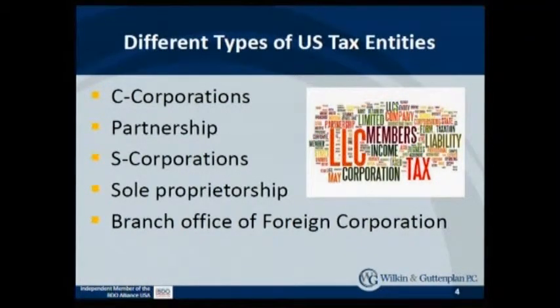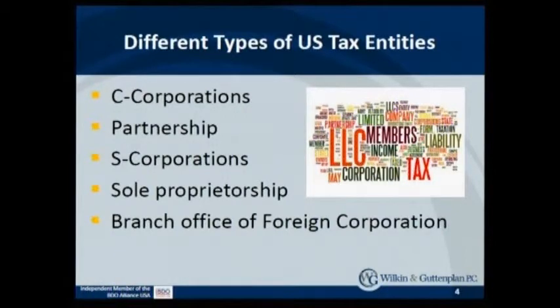But under the tax code, the Internal Revenue Code, there's basically 2 types of corporations. One is what we call a C corporation, and one is what we call an S corporation. Both are the same corporation as far as the particular state is concerned. This distinction between a C corporation and an S corporation is purely for tax purposes by the Internal Revenue Service.